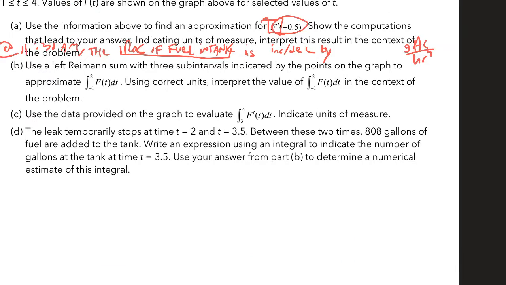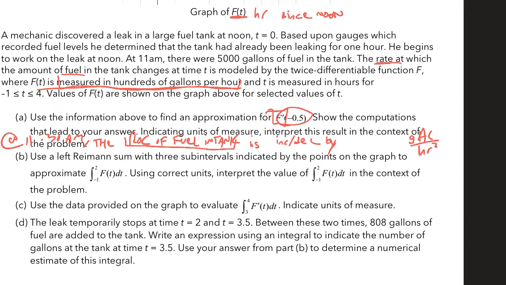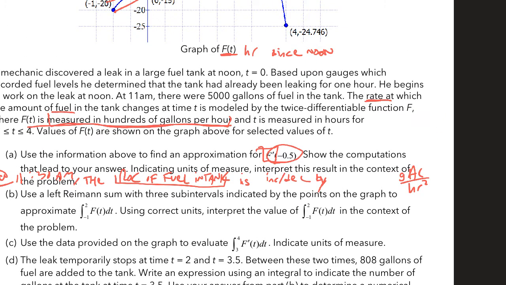Letter B. Use a left Riemann sum to approximate the integral from -1 to 2 and interpret what that means. Well, I could tell you right away what it means. To interpret an integral, remember integrals are amounts. They're accumulations. What are you accumulating?